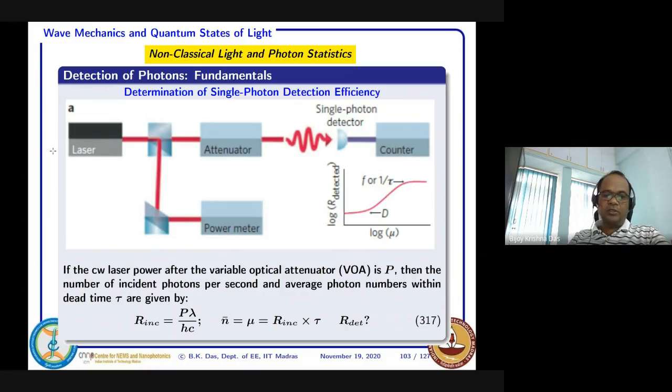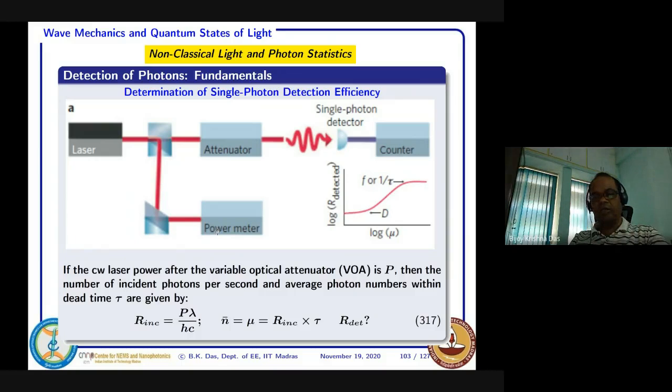So for that, this experimental setup has a laser source, and then you will be using one beam splitter, and from that you will be tapping some light, maybe 1% to 2%, and you can measure the intensity or power directly in a conventional power meter.